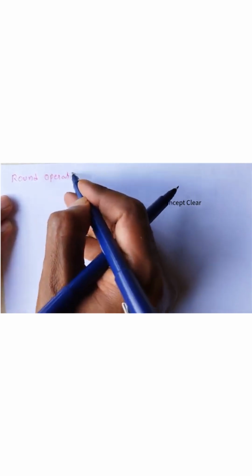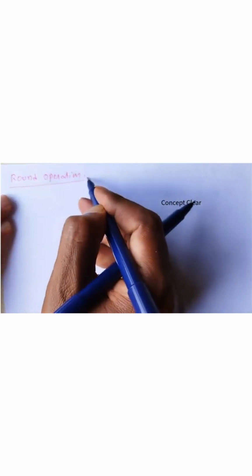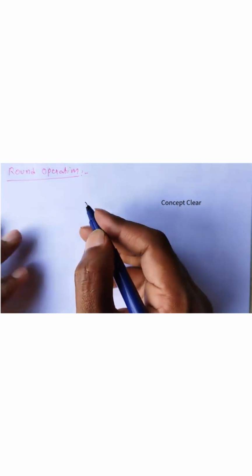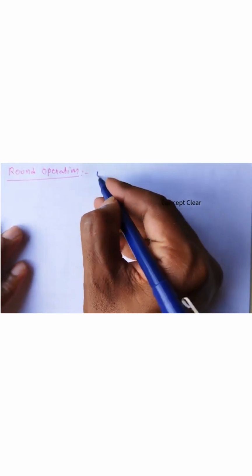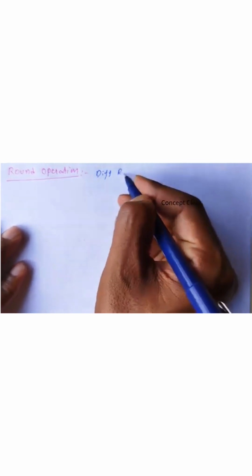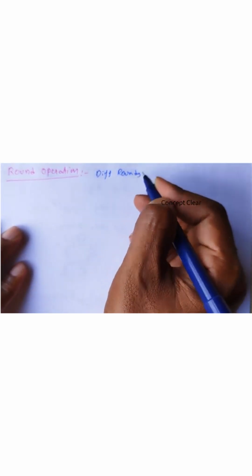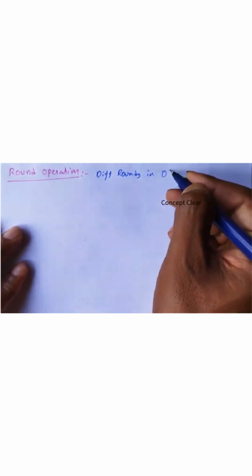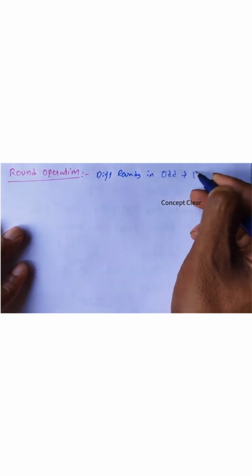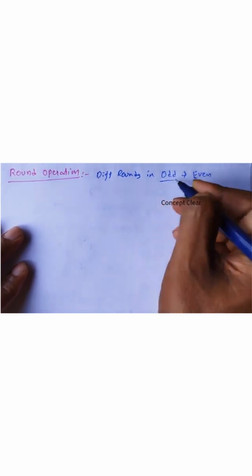In previous methods, like the AES algorithm, DES algorithm or Blowfish algorithm, the operations in all the rounds are the same. Here it is different: odd rounds have one operation and even rounds have a different operation.